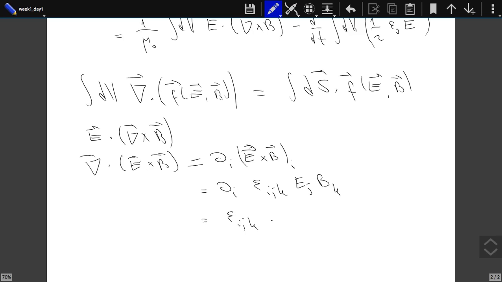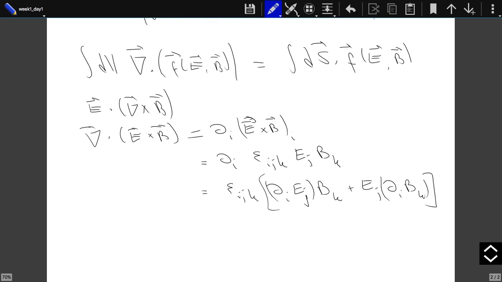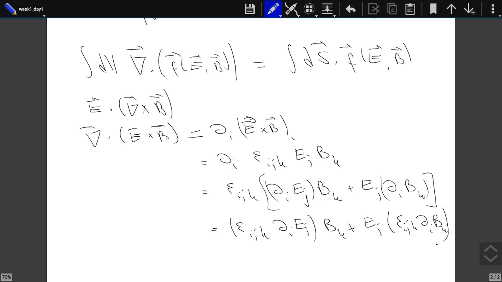This is epsilon ijk, del_i E_j multiplied with B_k, plus E_j del_i B_k. Now, inside those parentheses, I have the curl of the corresponding fields.